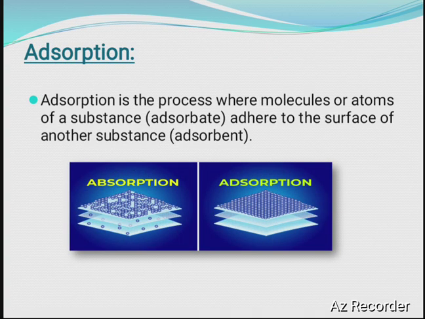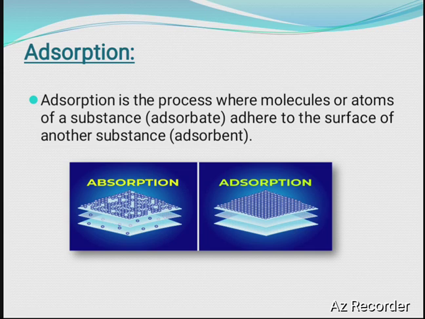Adsorption. What is meant by adsorption? Adsorption is the process where the molecules or atoms of a substance adhere to the surface of another substance. Adsorption is a surface phenomenon.